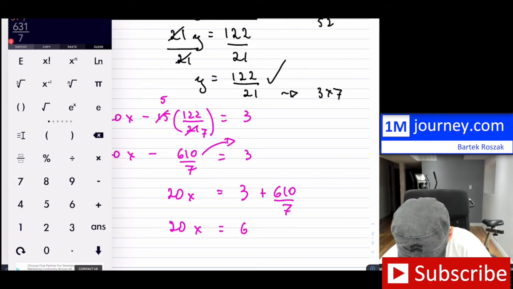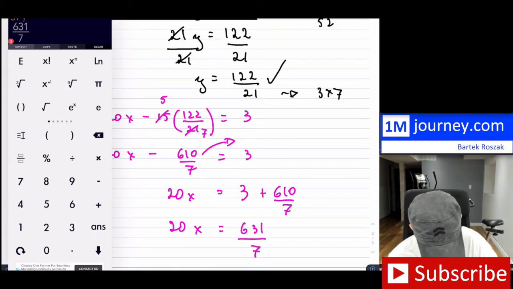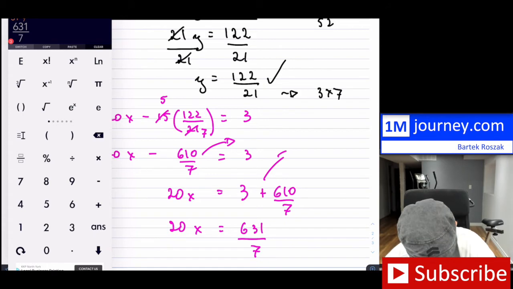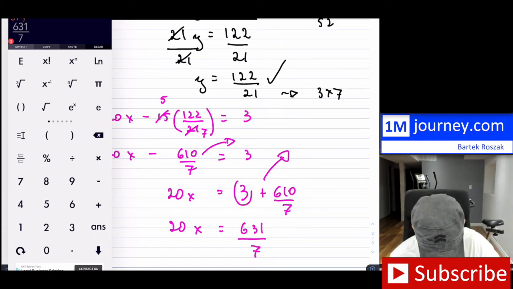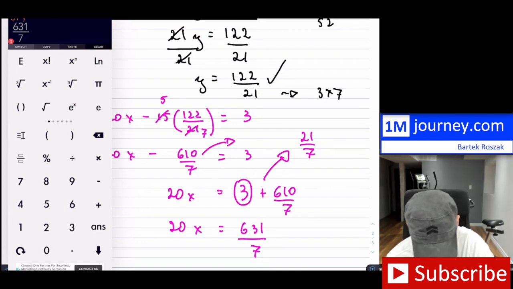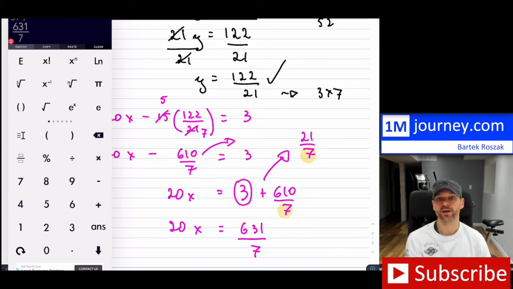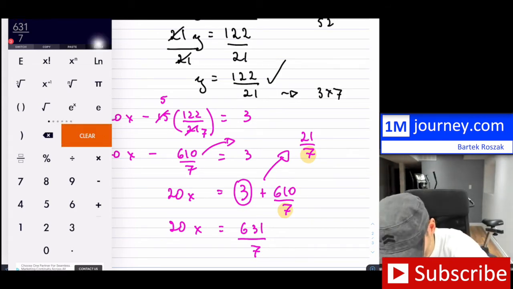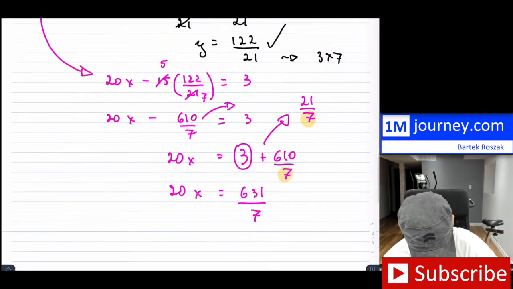So 631 over 7. Now, if you can't use a calculator, don't forget, this 3 is easy to change. 3 is 21 over 7, so you have the same common denominators here, right? So 21 plus the 610 is 631. So you don't have to use calculators if you don't want to.